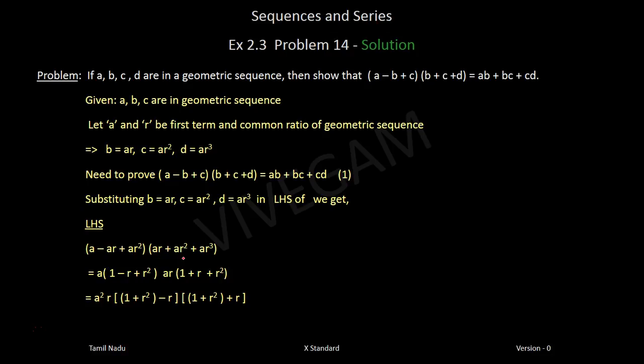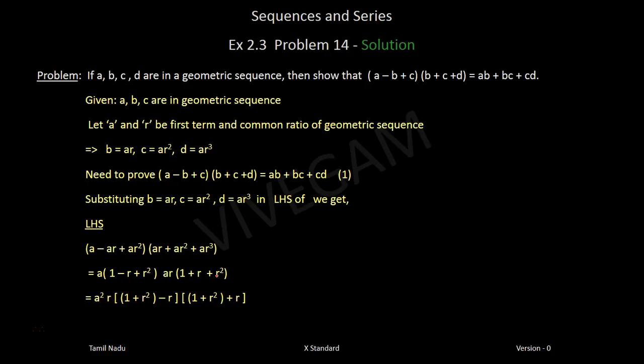Similarly, you can take AR commonly out. It is AR into (1 plus R square plus 1). If you rearrange this, the first factor will become 1 plus R square minus R.